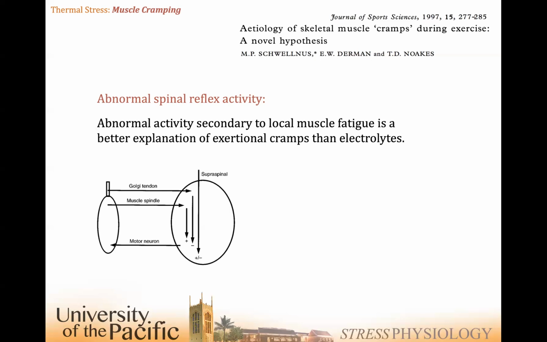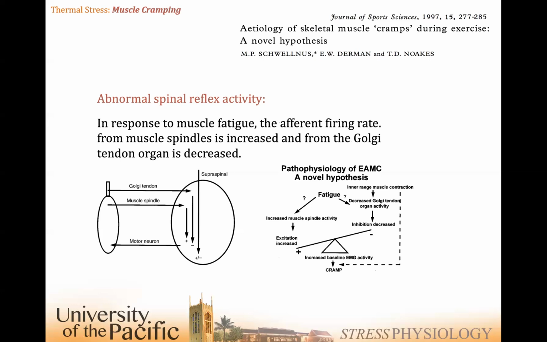So these spinal reflexes, the Golgi tendon organ and the muscle spindle, this really seems to be what's going on with muscle cramping, where the muscle spindle response gets increased. There's a muscle spindle response that's increased where you're stimulating contraction. There's a Golgi tendon organ response that's decreased. The Golgi tendon organ is an inhibition. And so you get fatigued. That's step one.